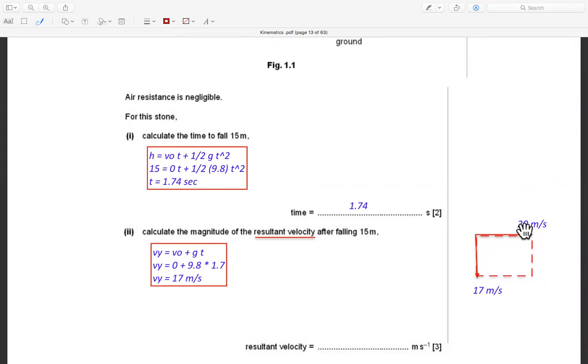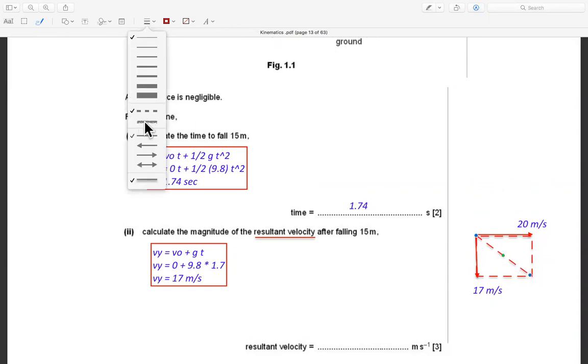Kalau Bapak tulis, nah ini resultantnya ya, kita gambar.